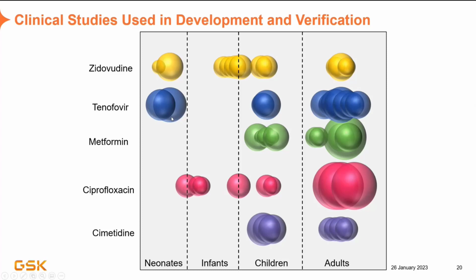And then we had only the neonatal data on full-term neonates in tenofovir and zidovudine. The size of these bubbles shows the size of the studies. So the bigger bubbles show the studies were bigger in size.